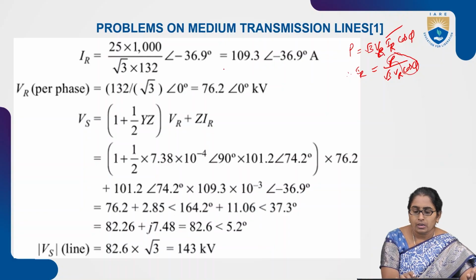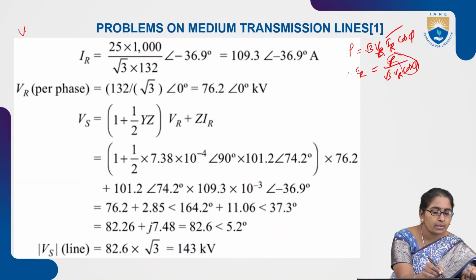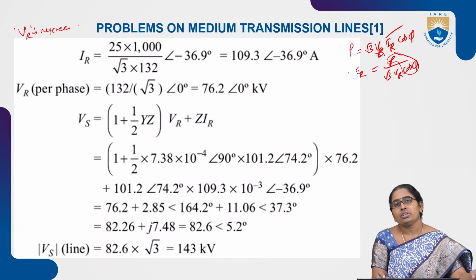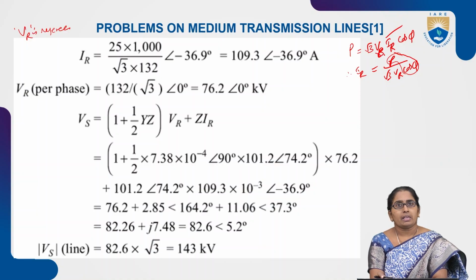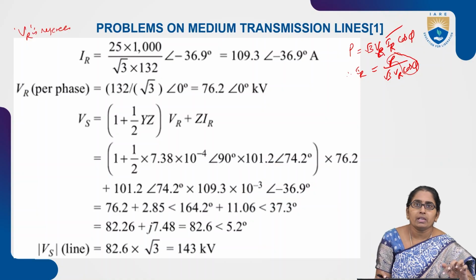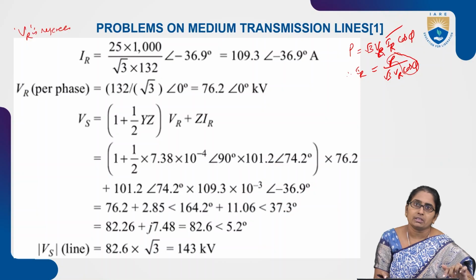Always we know that the receiving end voltage is taken as the reference. Then IR is given with its value along with the angle. So IR is calculated as 25 into 1000 by root 3 into 132.